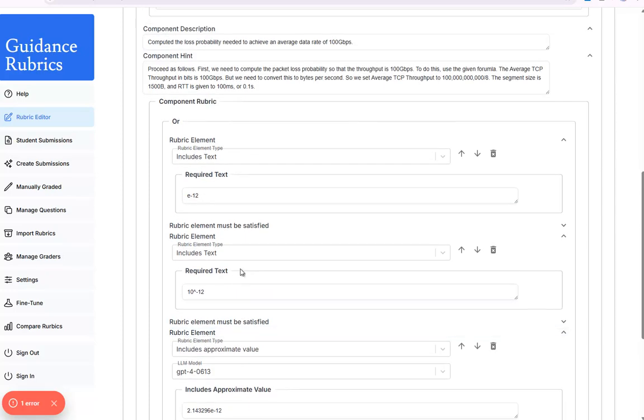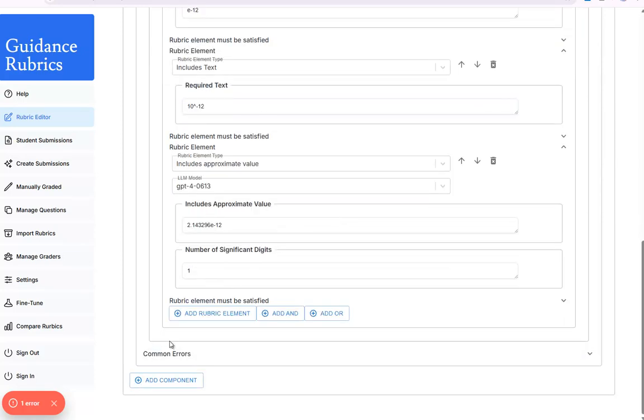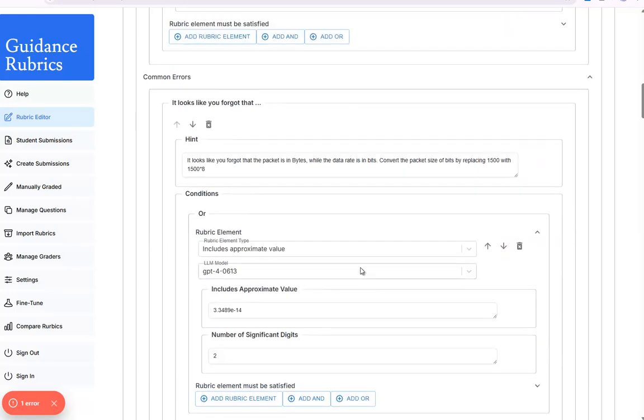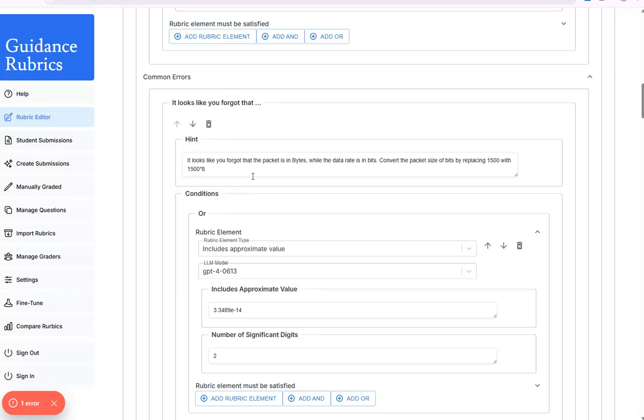If the answer is wrong, then what? Well, then we have these common errors down here. Expand that. So there's a large number of common errors that I've observed in this problem. So I've built this list of common errors to handle each one.